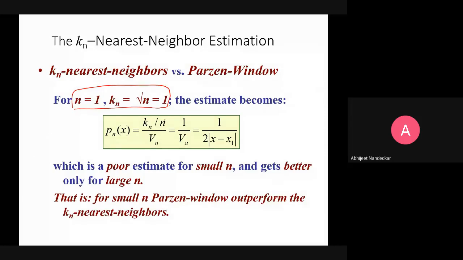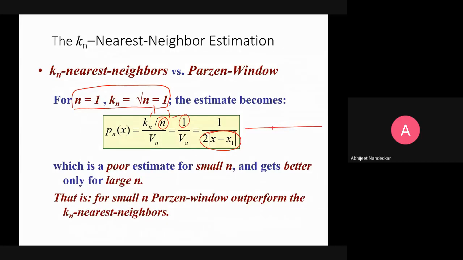Then this n is 1, the number of samples is 1, so k is also 1, so this will be 1. And what is this? This is the volume, and this is an example of only one dimension.